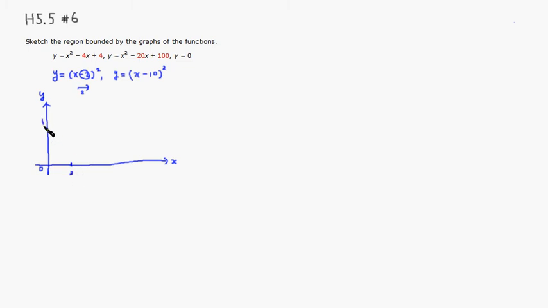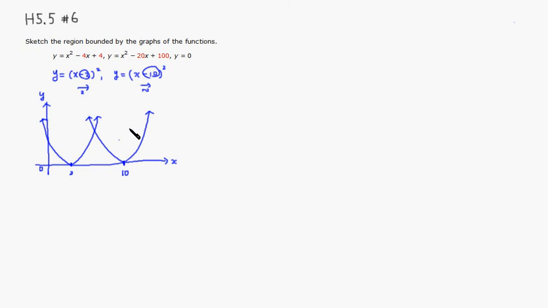Then you have a parabola which looks kind of like that. Then this is the same way, so minus 10, it's going to shift that way 10 units. I'll just put 10 around here, and then you would have a parabola which looks like this.